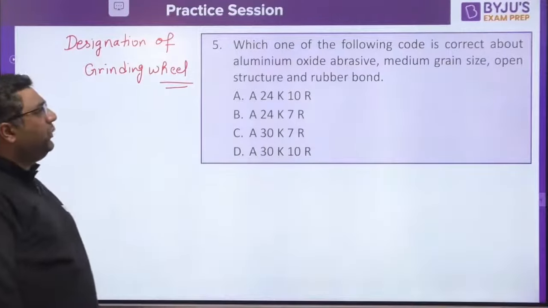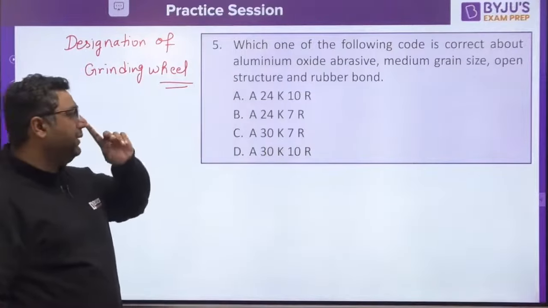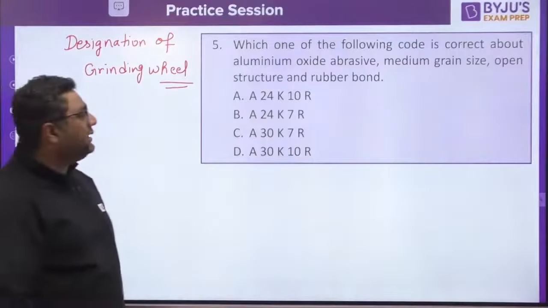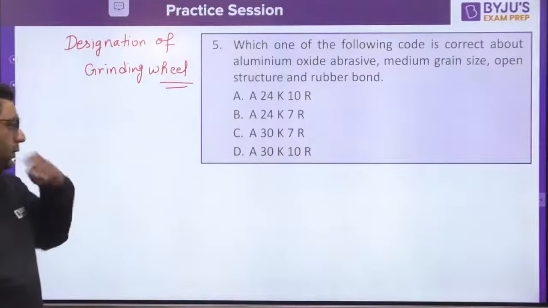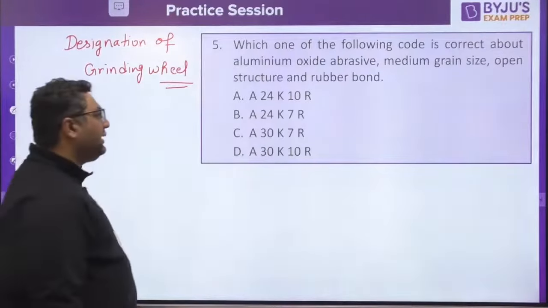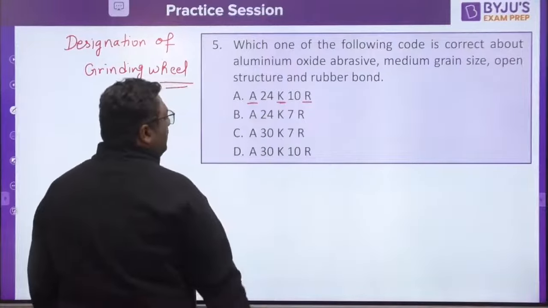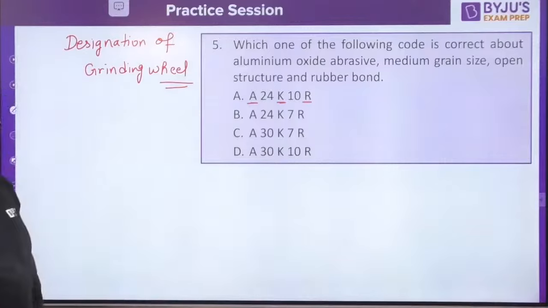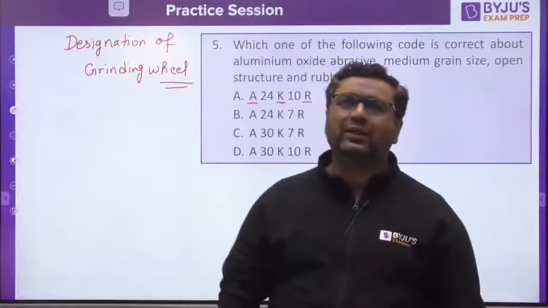Which one of the following codes is correct? Aluminium oxide abrasive, medium grain size, open structure and rubber bond. I feel in all the cases the letters are the same. You need to see the correct digits. When it says open structure, it is close to what?